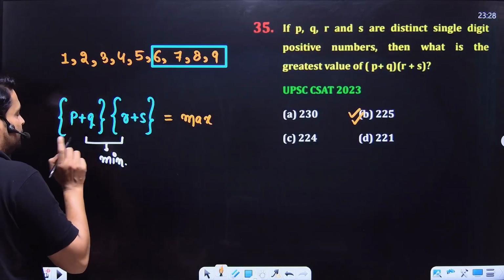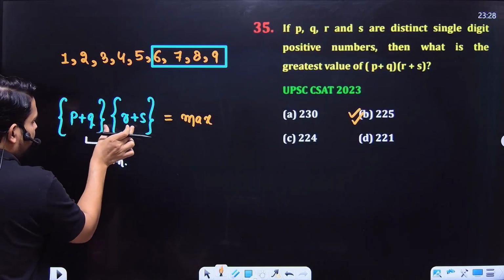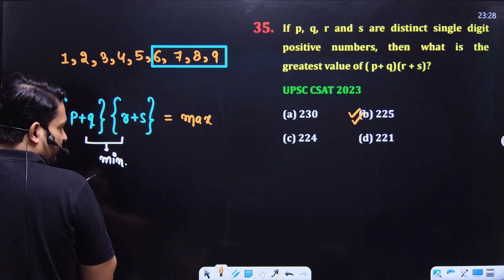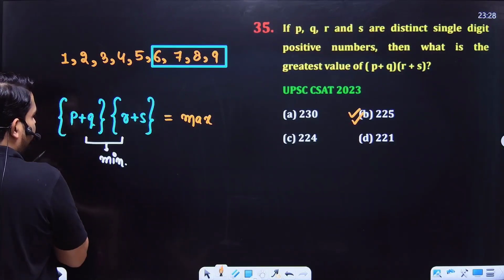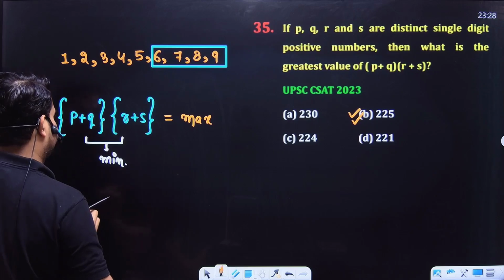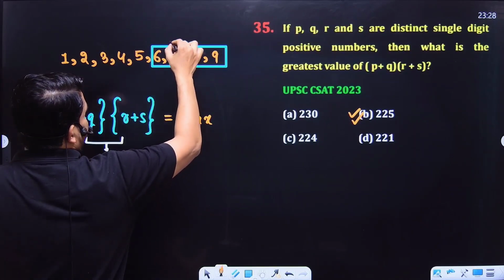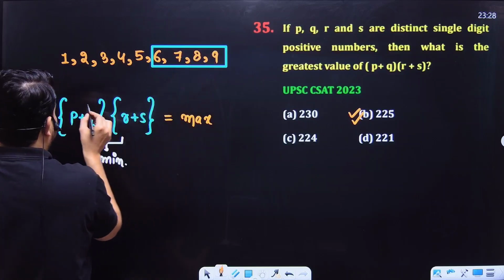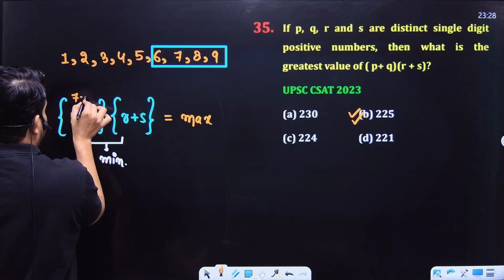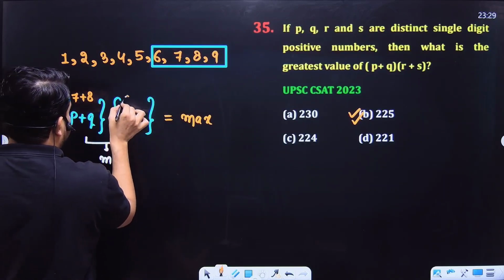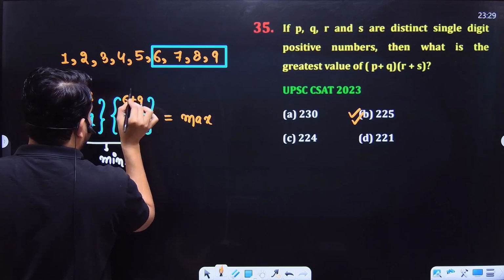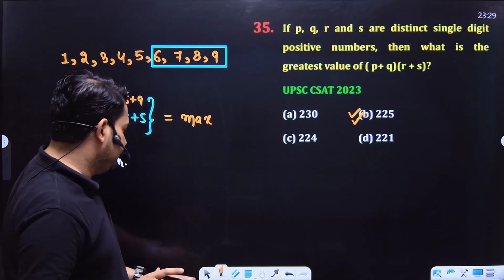So how will 0 come? If the same number comes from here and the same number comes from here. We will have 7 plus 8, which gives 15. If I write 6 plus 9, I will get 15. I will get 15 in each case.